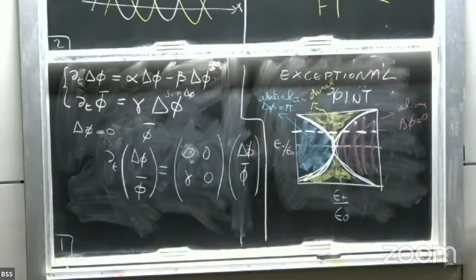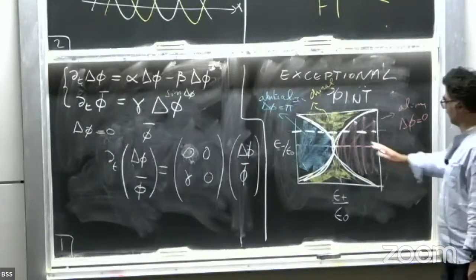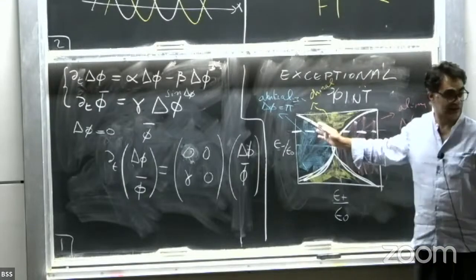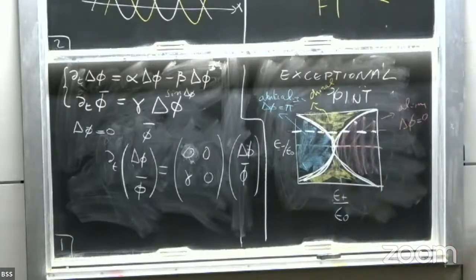I would say that this is an exceptional point mediated phase transition. So at this level, you cannot see it because it's mean field. So I can't answer that question at this level. What we've studied in the Ising model, for example, is that there is an accompanying divergent length.